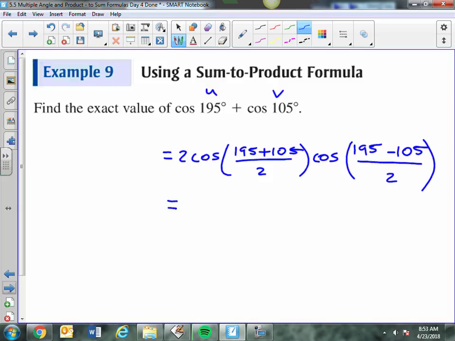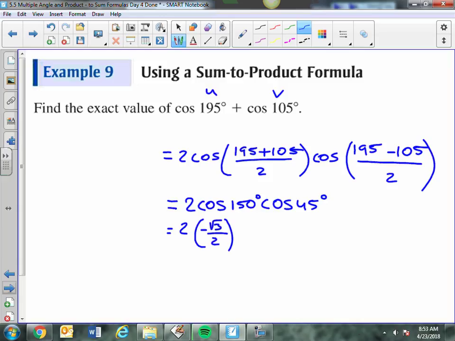All right, so 2 times your cosine, 195 plus 105 is 300, and then you do have to divide that by 2, so this is 150. All right, and then cosine over here, 195 minus 105 is going to be 90 over 2, which is 45. All right, and then you replace them. So cosine at 150 is negative square root of 3 over 2.